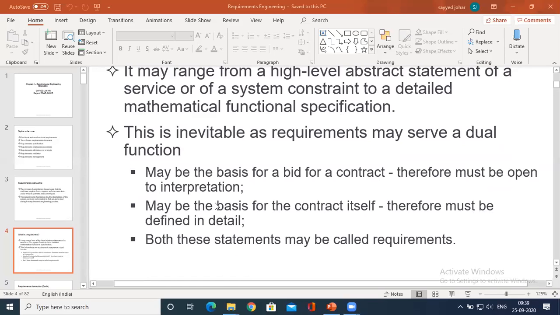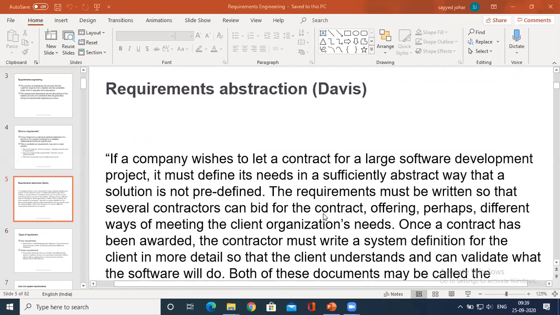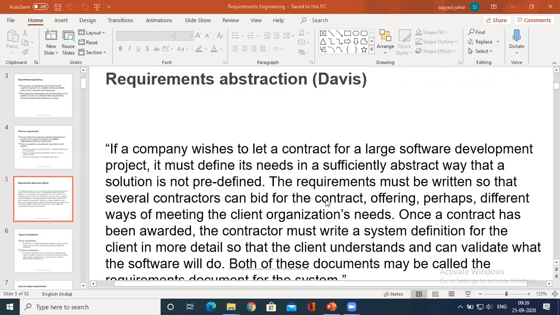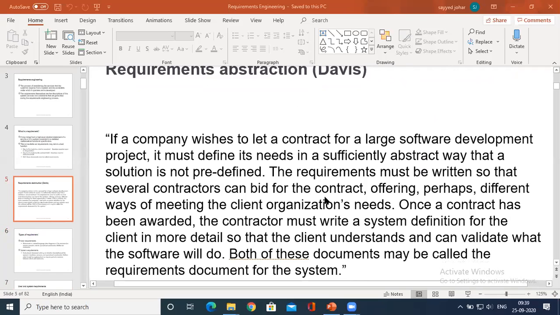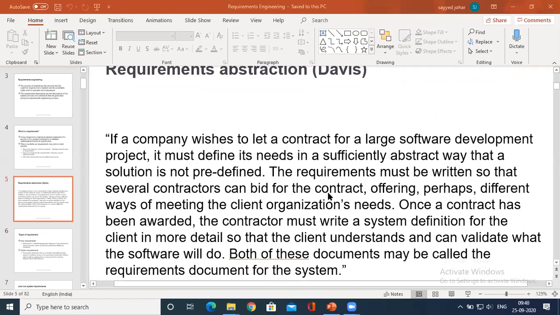For example, the basics for a bid for a contract. Here is one of the scenarios that is predefined. Here the requirement document of a system is being defined.